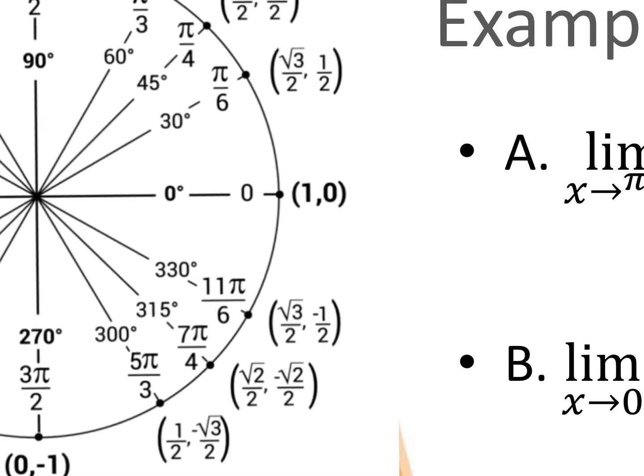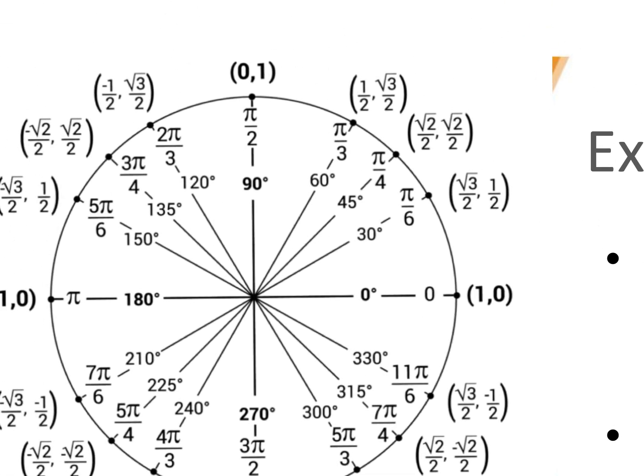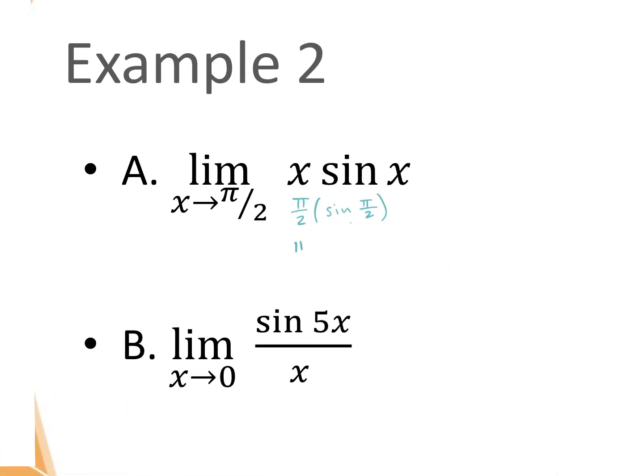So going to my unit circle, I want to find pi over 2 radians, which is up here. Sine tells us we look at the x value or the y value? The y value. So what's our y value here? 1. So we have pi over 2 times 1, which would just give us pi over 2. So that would be our limit.